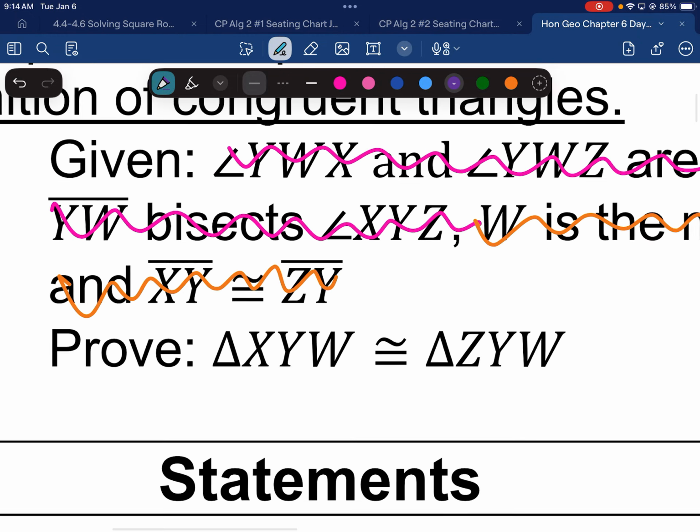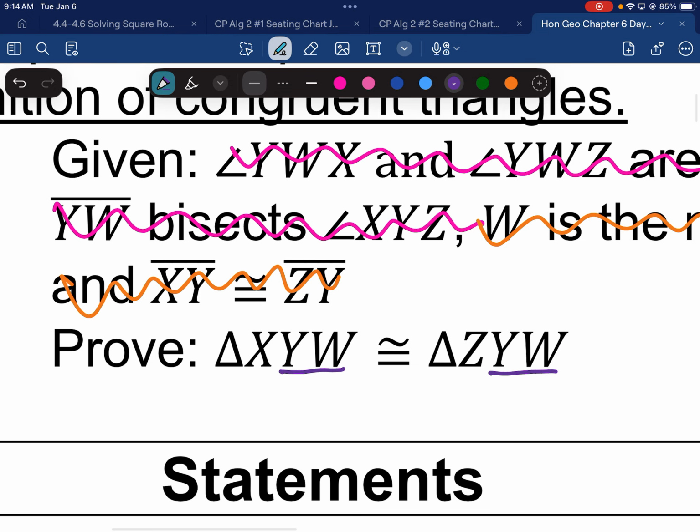Okay, so I'm going to go back to this name. If you say YW, oh, you have to say YW again. Okay, this is the confusing part. And I told you when we were doing the hinge theorem, I said I didn't care because you didn't know about corresponding parts, but now you do. So I'm going to be specific about it. Like we said yesterday, the name always tells you what parts are corresponding.